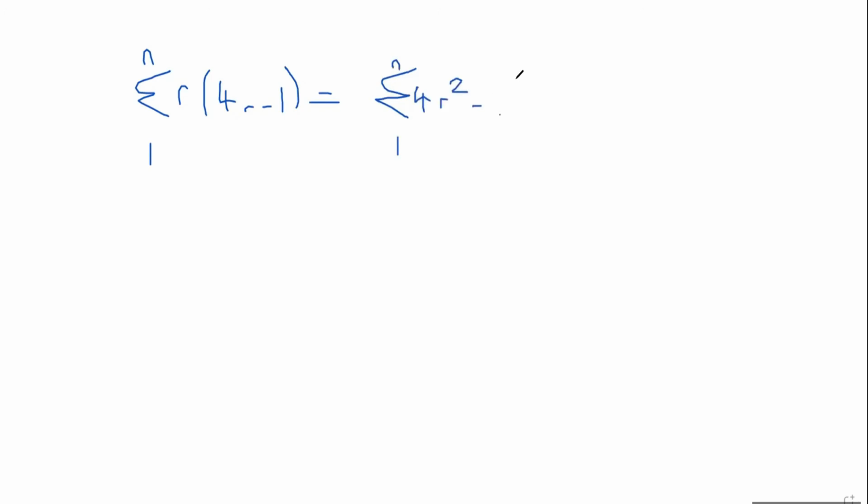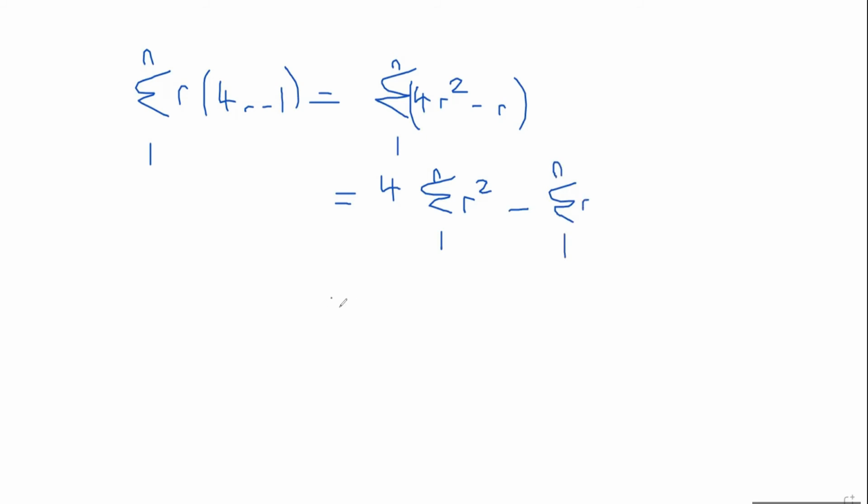And so what that means is that this works out to be equal to 4 times the sum from 1 to n of r squared, minus the sum from 1 to n of r.